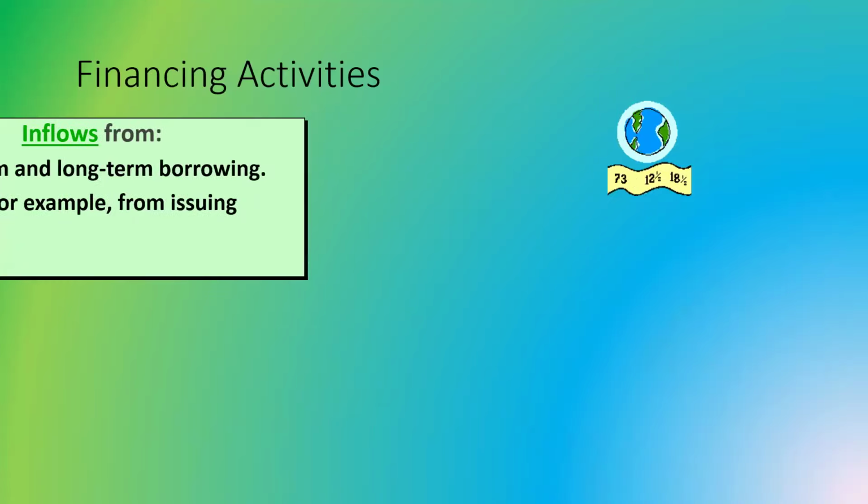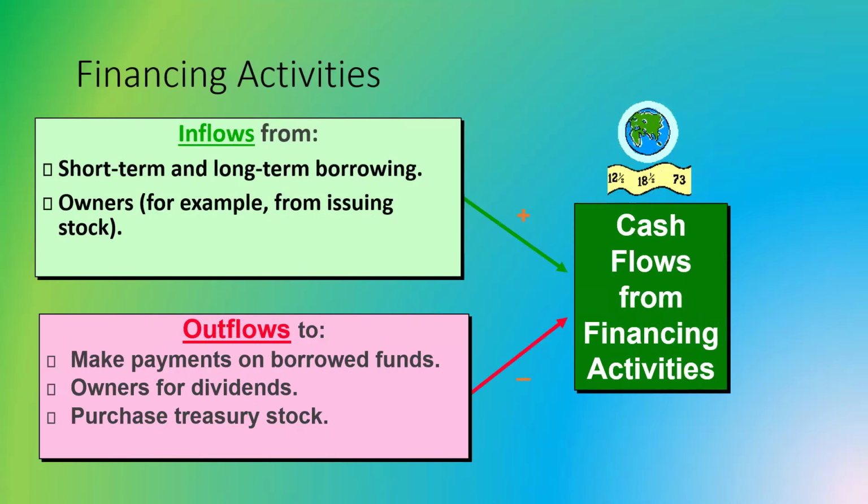Then lastly we have financing activities, which track cash movements between a company and its investors or creditors. This section shows how the business raises money to fund operations or growth, or returns money, in the case of outflows, to its financers or owners.